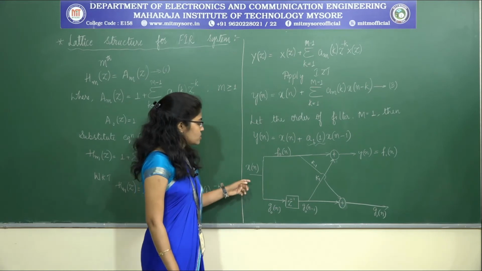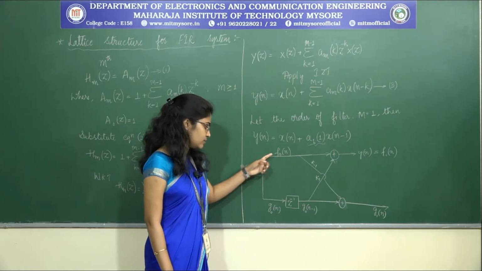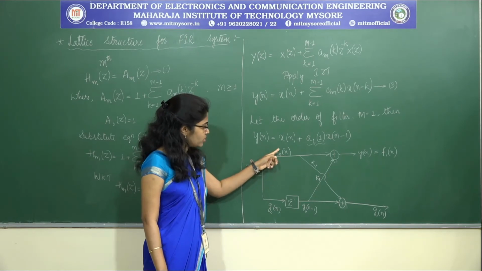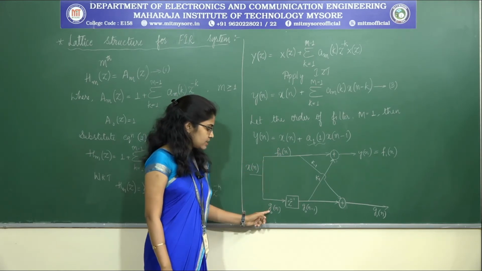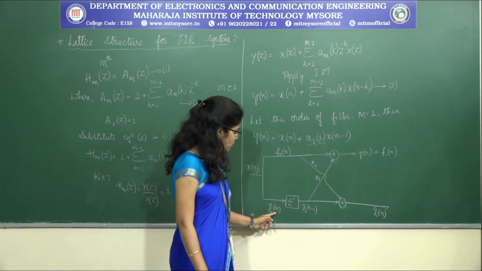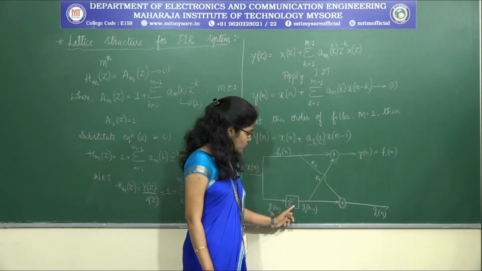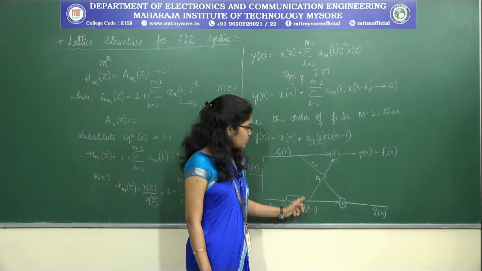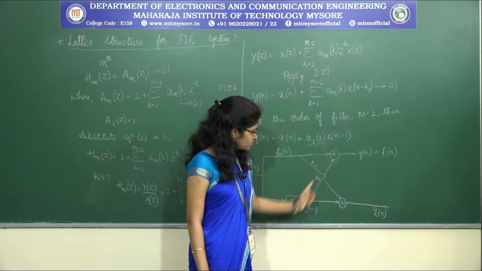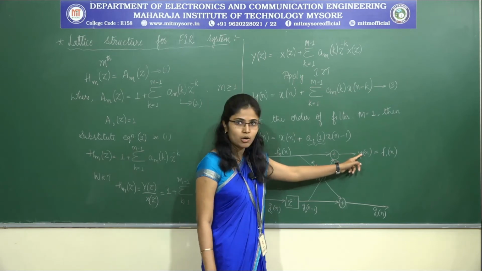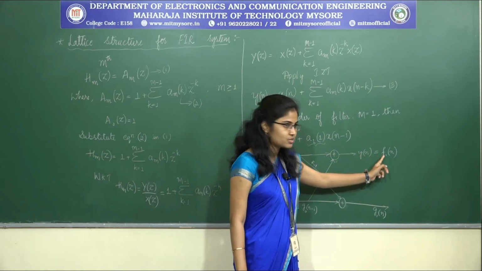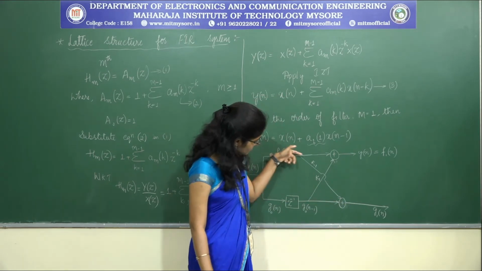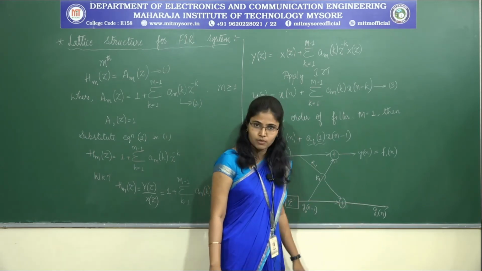So what I have done is, I am assuming x of n is getting divided into two signals. I have termed the first branch signal as f0 of n and the second as g0 of n. I have delayed g0 of n once, which gives us g0 of n minus 1. Adding the signals from this branch and this branch gives us y of n, which I have termed as f1 of n, and adding the signal from this branch as well as this branch gives us g1 of n.